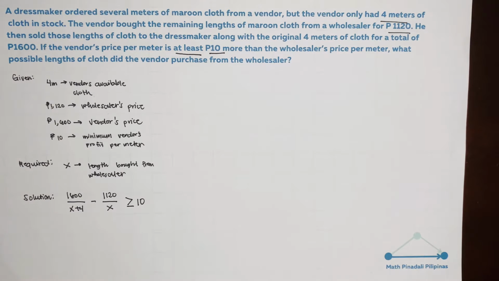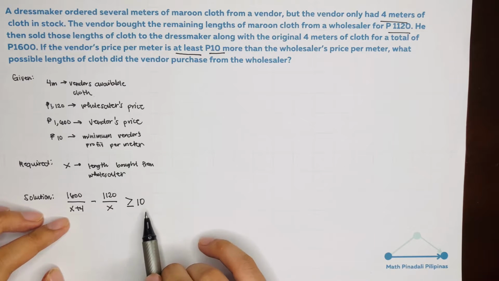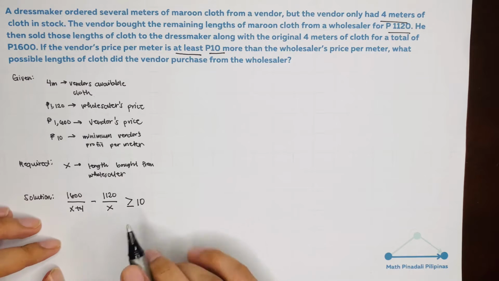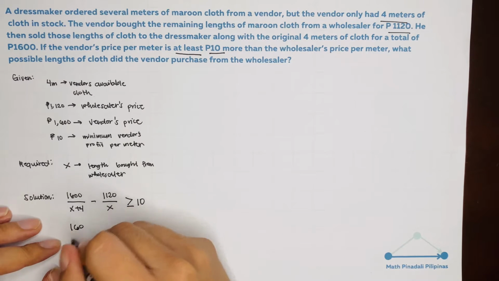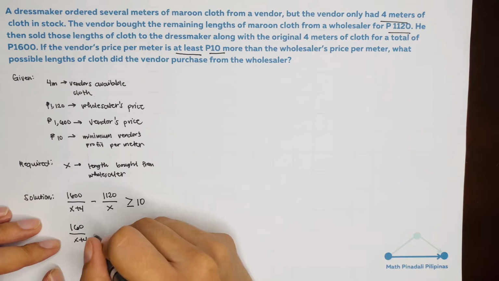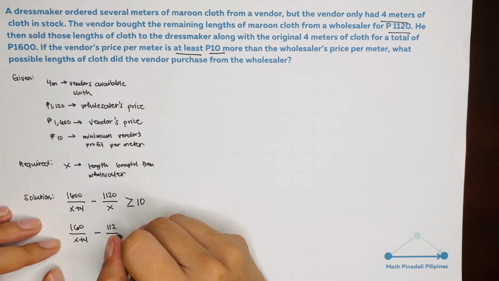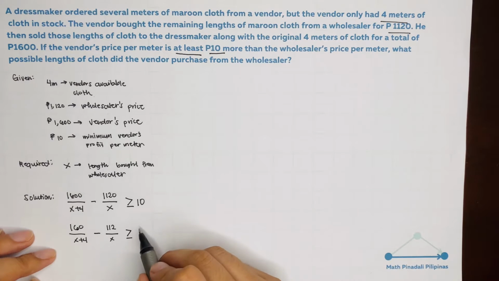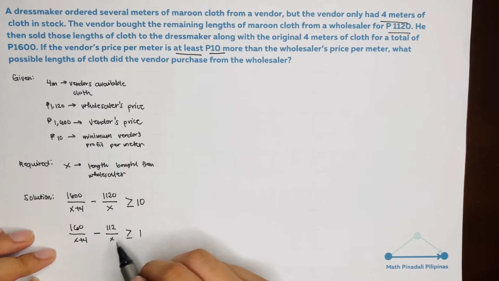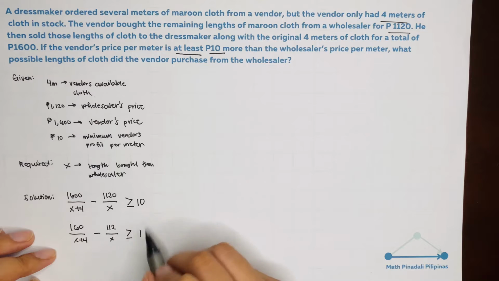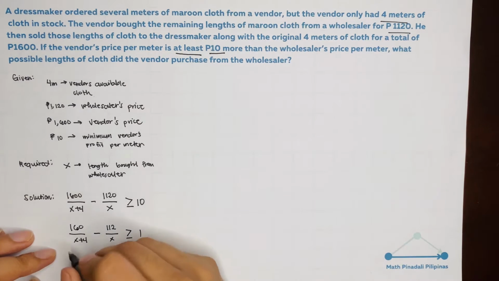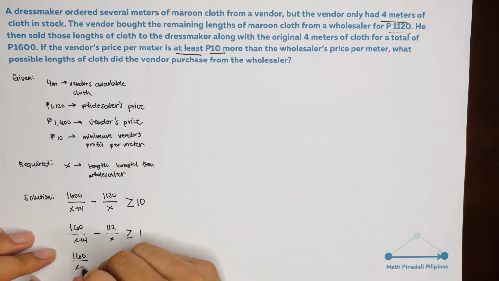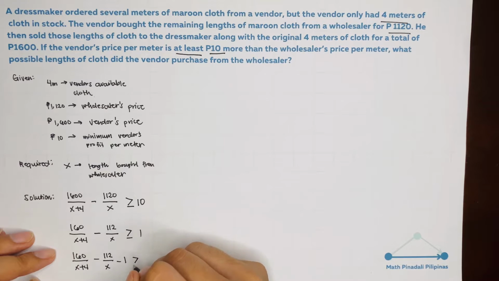So let's try to solve this na. So simplify natin. So pwede natin i-divide both sides by 10. We have 160 over x plus 4 minus 112 over x is greater than or equal to 1. Okay? To solve this, lipat natin sa left yung side ng inequality natin yung 1 and isolate natin, gawin natin 0 yung nasa right side. So 160 over x plus 4 minus 112 over x minus 1 is greater than or equal to 0.